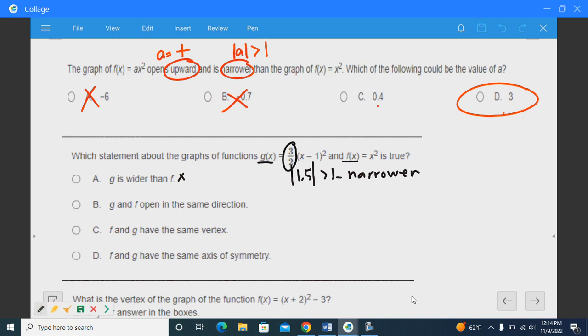Last question. The graph of h is the graph of f of x is equal to x squared translated 2 units left. Alright, so that's negative 2. 5 units up. So we have there f of x is equal to x minus h squared plus k. This is our h. This is our k.